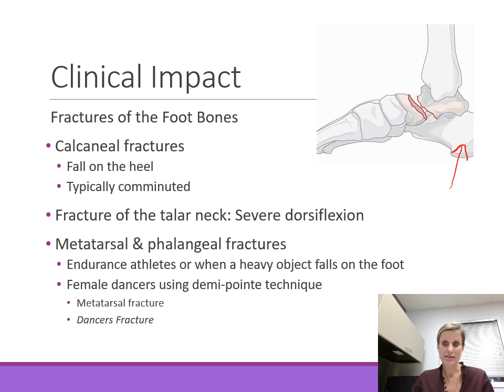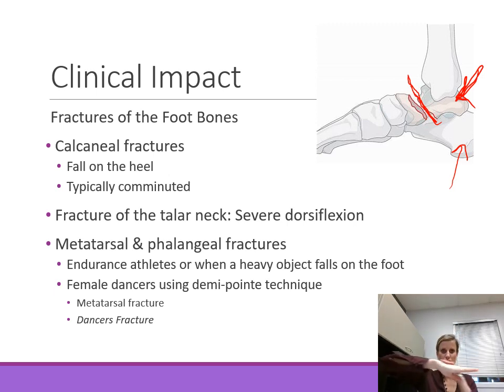Fractures of the talus. The talus, remember, is this tarsal bone right here that forms the actual ankle joint with the tibia. When the talus is fractured, it most frequently occurs at the talar neck, which is the fracture you see in this picture. So this fracture right here is a fracture through the talar neck. This occurs due to severe dorsiflexion of the foot.